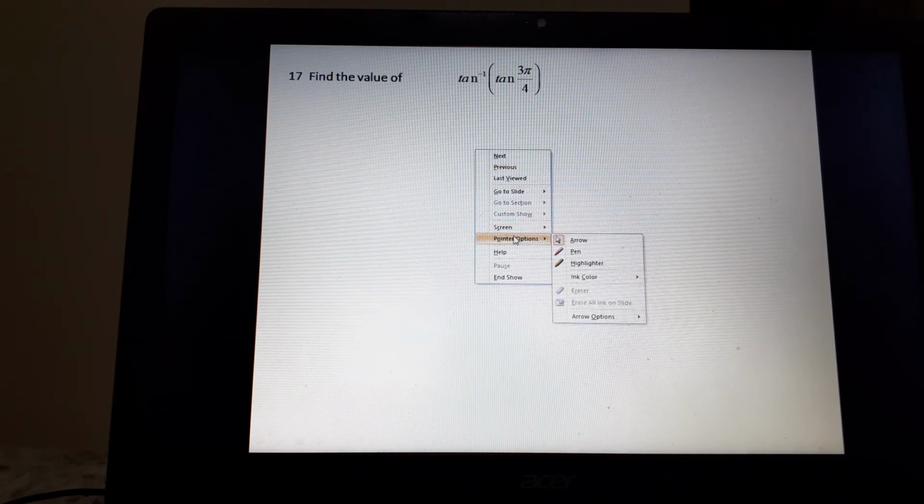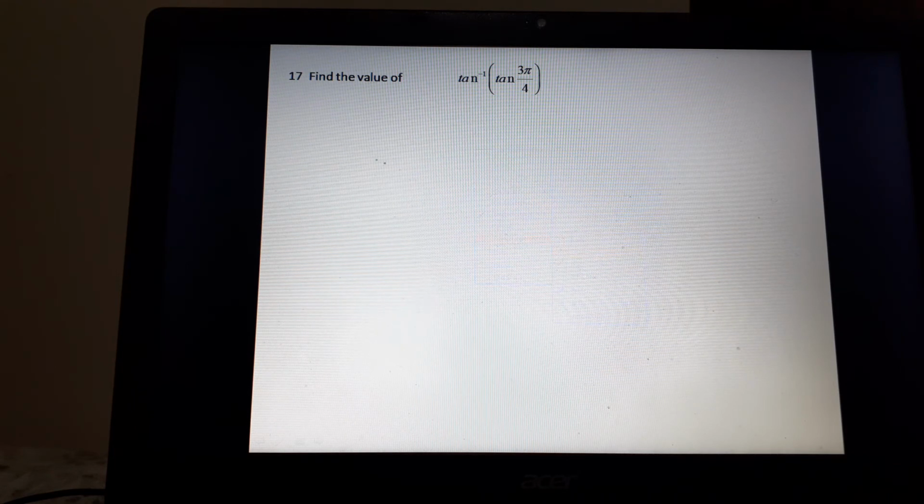here you should understand the theory properly, otherwise immediately you may write this equal to 3 pi by 4, because in most of the cases, tan inverse of tan x, normally this is x, but there is a condition for this. So let me discuss this question.